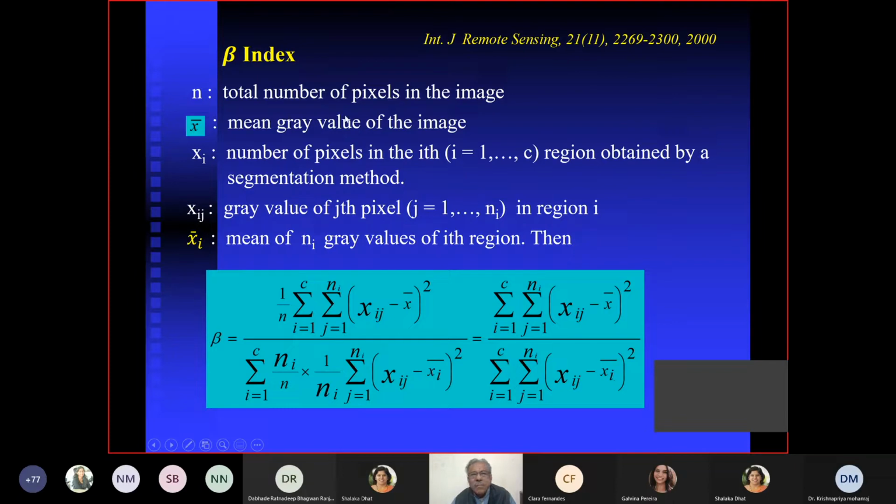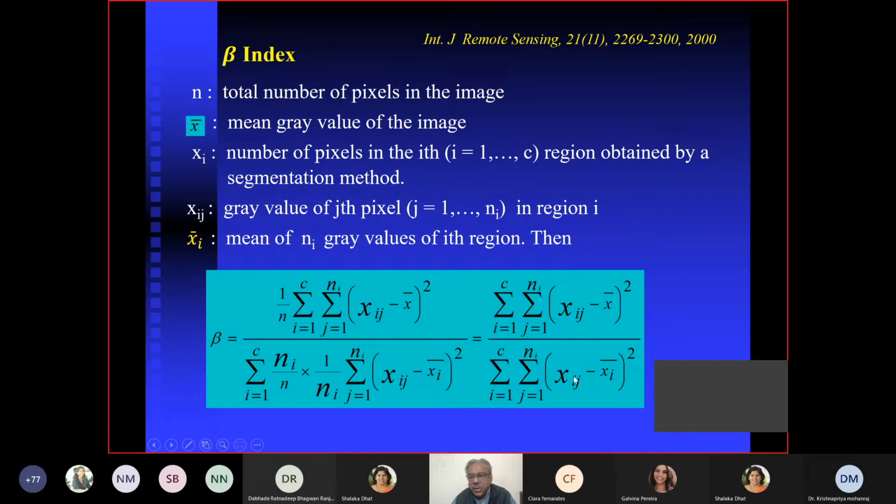Therefore, n is the total number of pixels in the image. The mean value of the image is x bar, and the mean value of the n real values of the ith region is xi bar. So for every xij, I compute its difference from the mean value of the image and the mean value of the ith region.